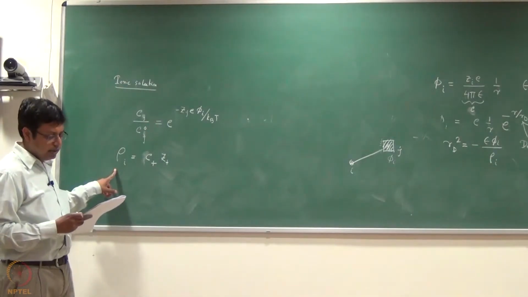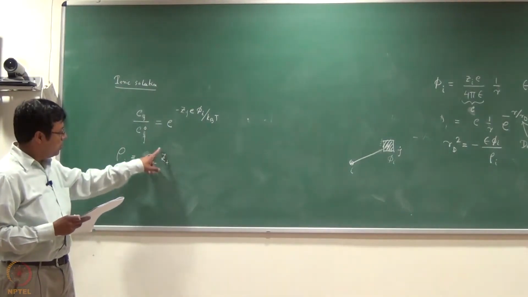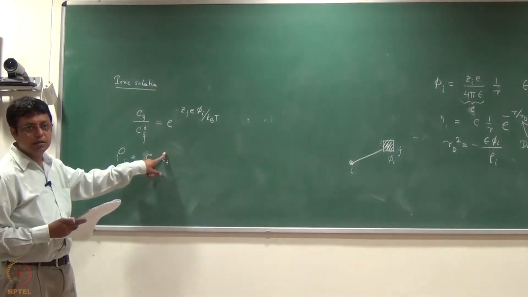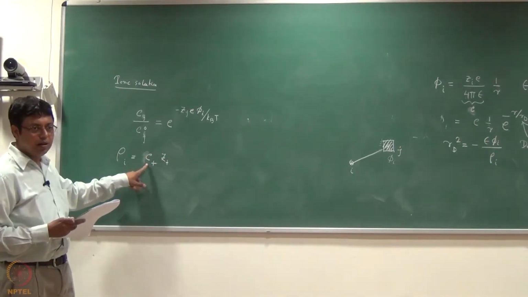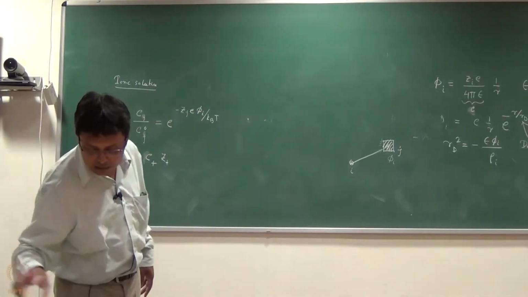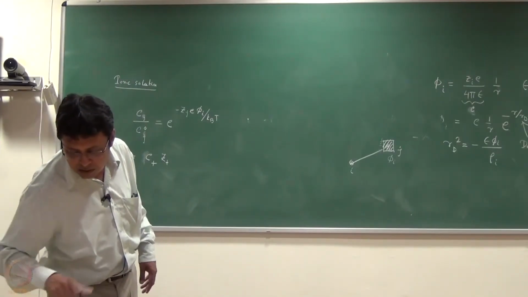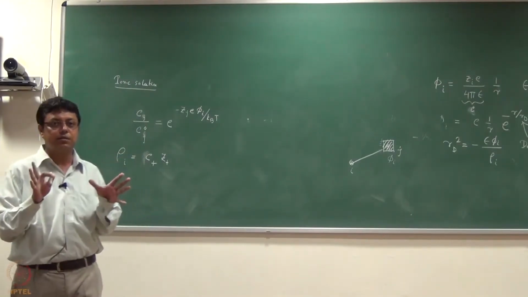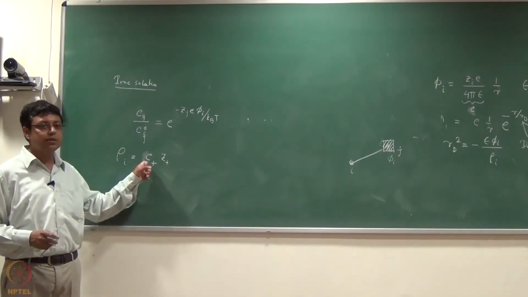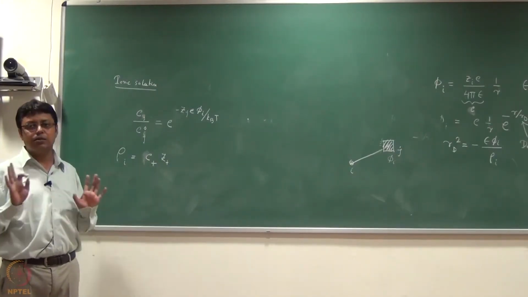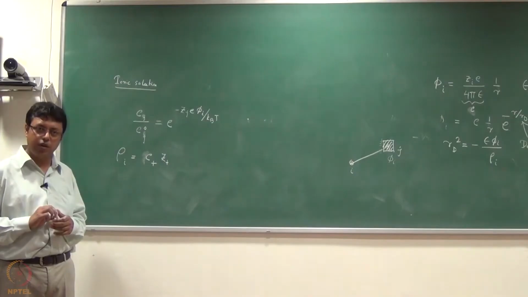Let me think of an alternative definition. What I am writing is basically the charge density. Charge density is basically number density multiplied by charge. As simple as that.